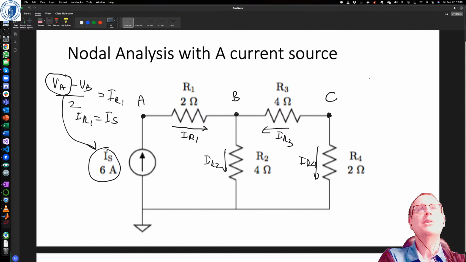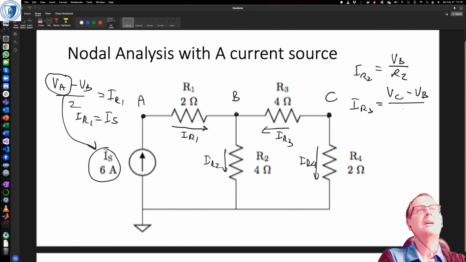Then we can go through the other elements. IR2 equals VB on R2. IR3 equals, it's going that way, so it's VC minus VB on R3, which is 4.